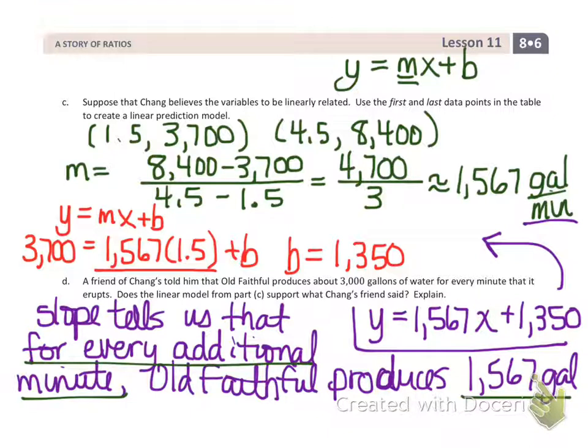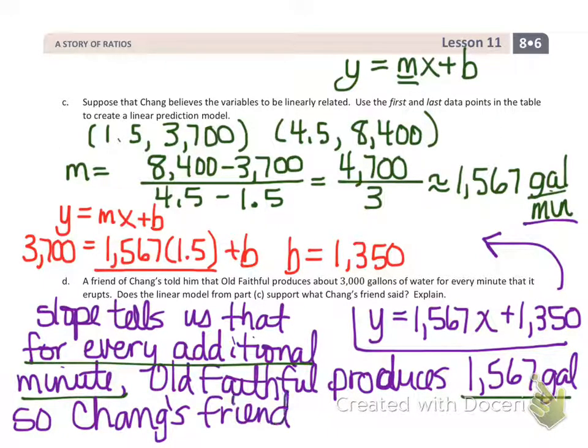So our friend is wrong. So Chang's friend is wrong. He might be thinking of a different geyser. We'll say he's mistaken. There might be another geyser that produces 3,000 gallons every minute. Okay.